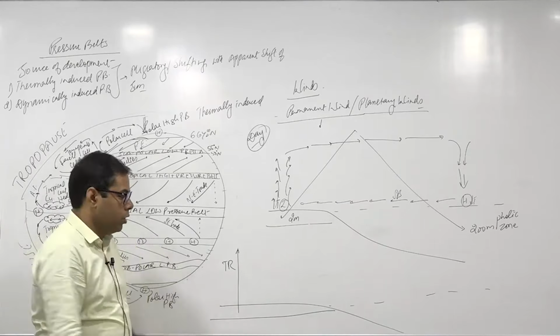So, tropical air mass and polar air mass, what will be the thermal condition of these two? Temperature will be low in the polar region and the temperature will be high over the tropical areas.